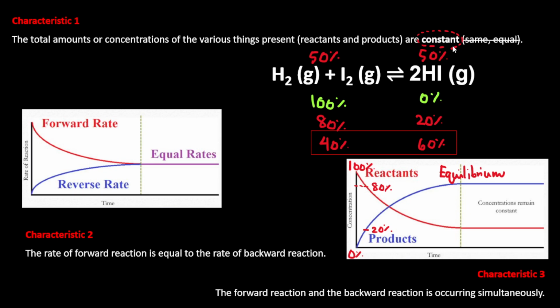The second characteristic is that the rate of your forward reaction is equal to the rate of the backward reaction at equilibrium. Your forward reaction and your backward reaction are happening at the same rate, and the last characteristic is that both of them are happening at the same time. That's why I wrote that it is occurring simultaneously.